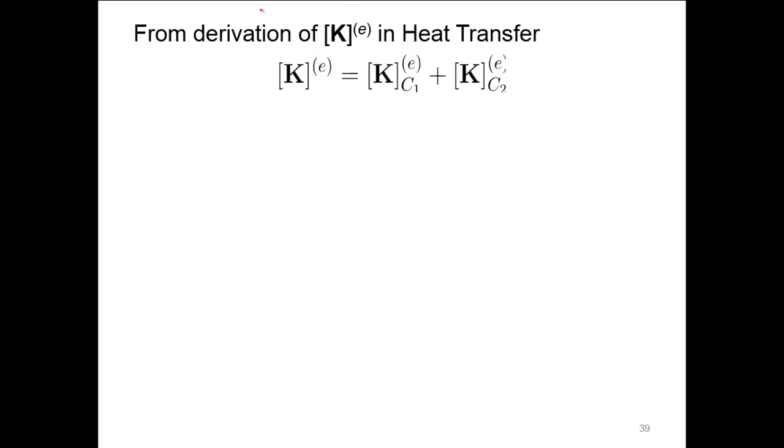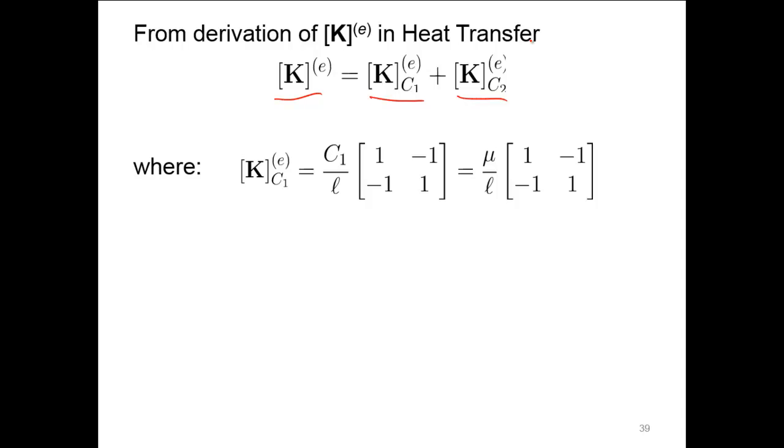So for the derivation we did for heat transfer, we have the stiffness matrix for an element, and then we have the stiffness matrix for C1 and the stiffness for C2. For C1, it's going to be our mu value, and we substitute that in. For C2, we said C2 is 0, we actually don't have this term, so that term just goes away.